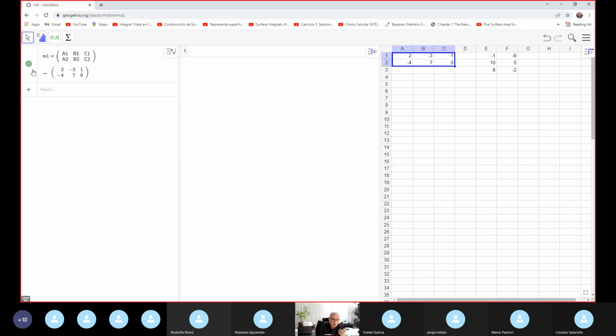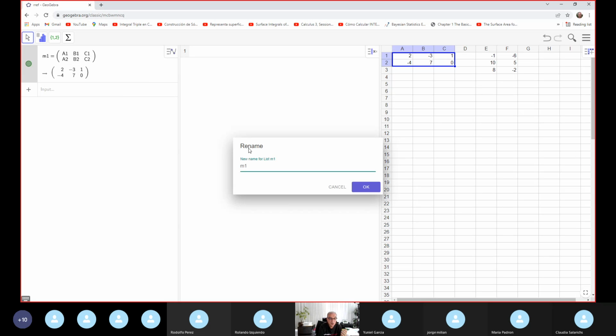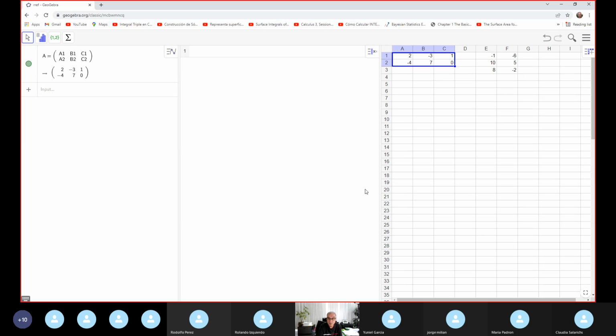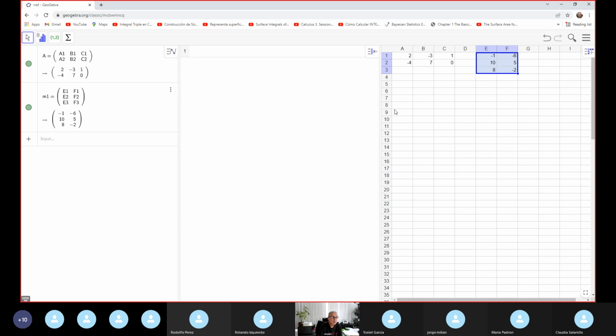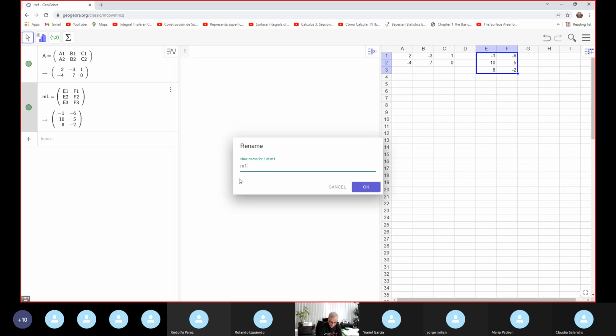If you want to rename, you click here, rename, and now N1 is A. Suppose. It's not necessary to do that. It's an option. Now you select the second, exactly the same. Create matrix. And rename it capital B.